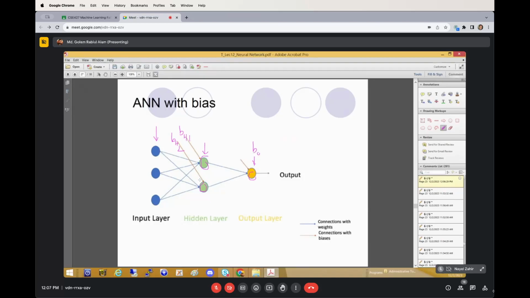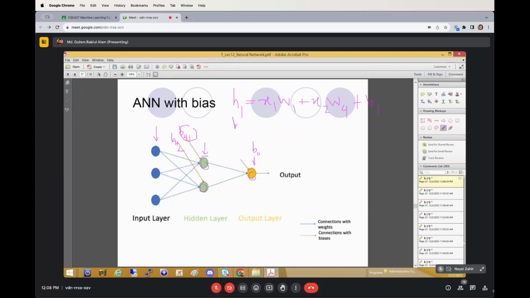That means the equation will change a little. In our previous case, for H1 forward propagation we had X1 times W1 plus X2 times W4. This time we have to add b1 to this value.